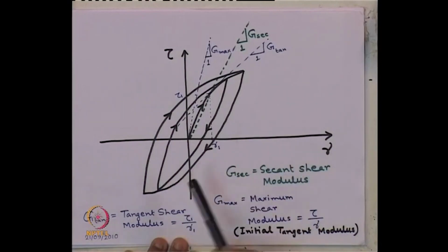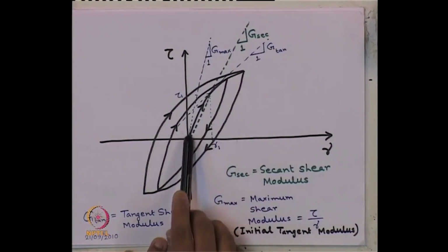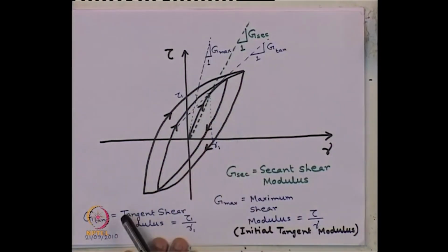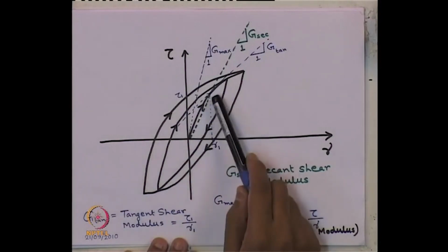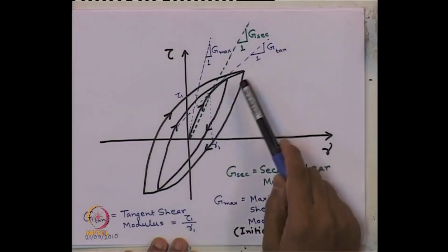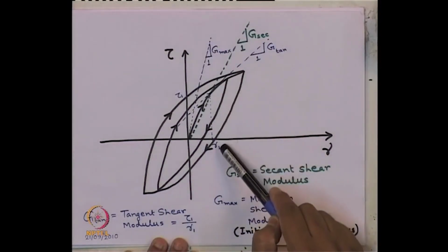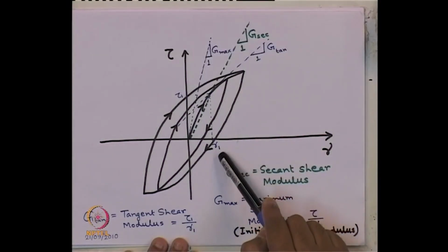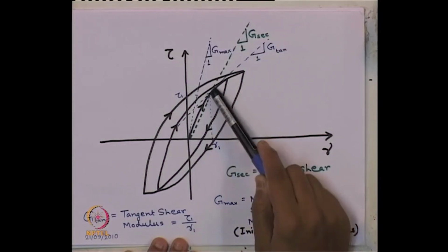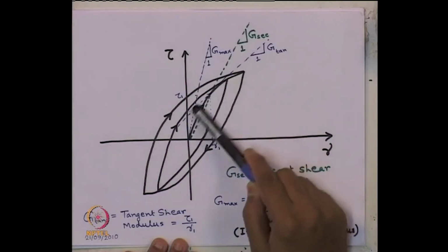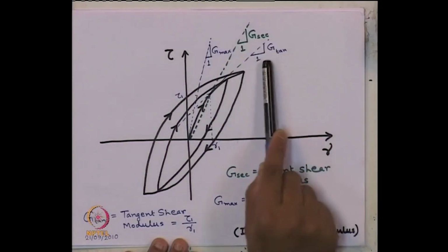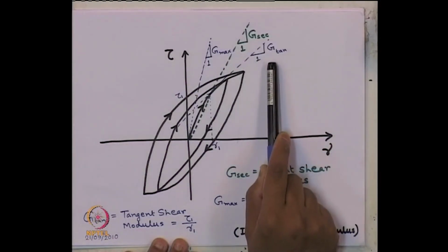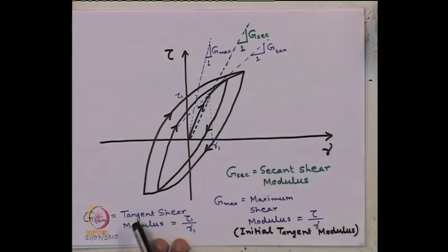So, the initial tangent modulus is nothing but the maximum shear modulus, the slope of the curve at this point. Now, if we take the slope of the curve at any other cyclic shear strain value, say gamma 1, we can draw a tangent at that point, and the slope of the curve, whatever it gives us, the value of G, is called the tangent shear modulus.